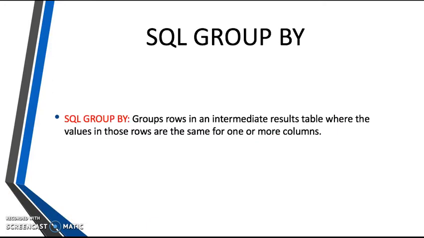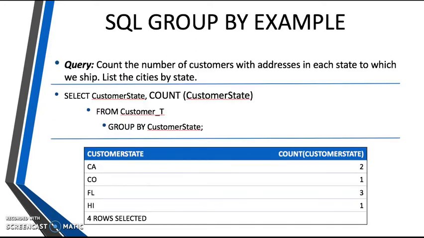Now we have SQL group by, which is defined as grouping rows in an intermediate results table where the values in those rows are the same for one or more columns. For example, the query states, count the number of customers with the addresses in each state to which we ship. List the cities by state.